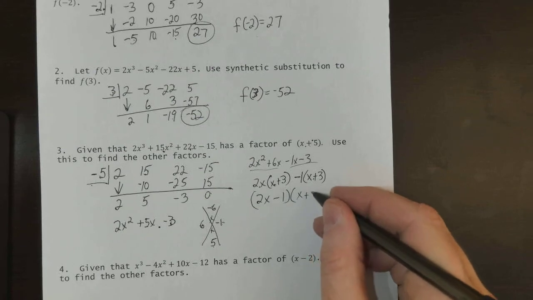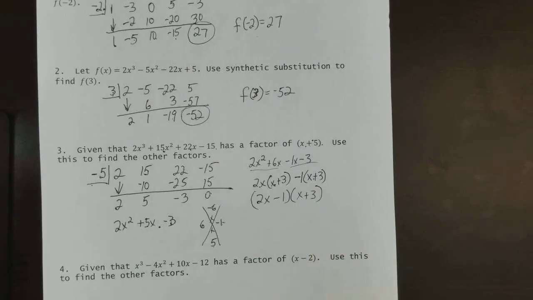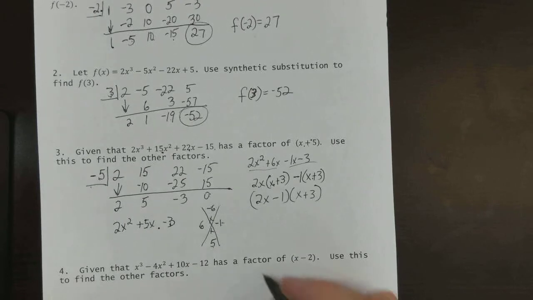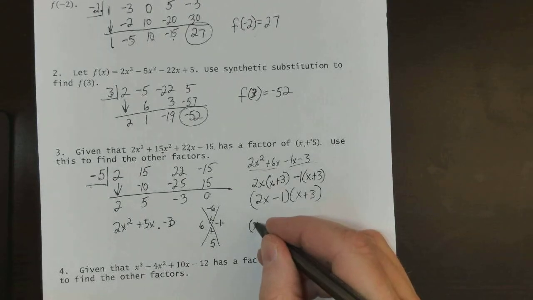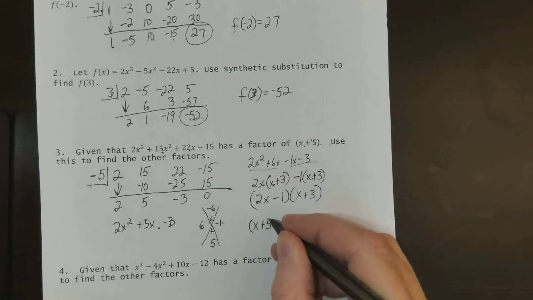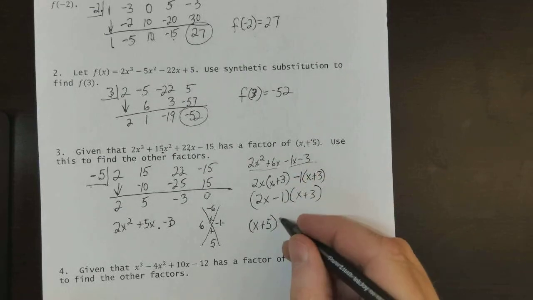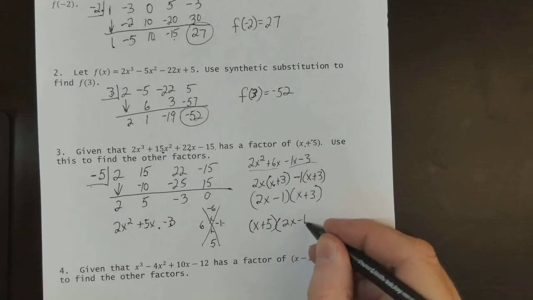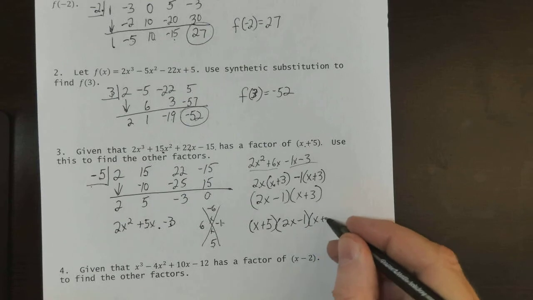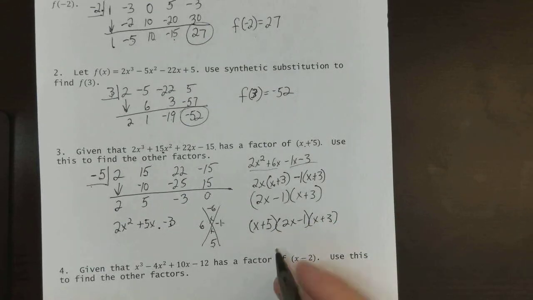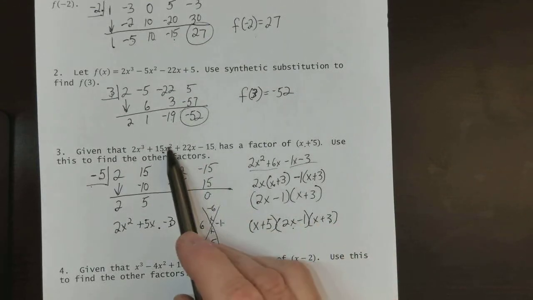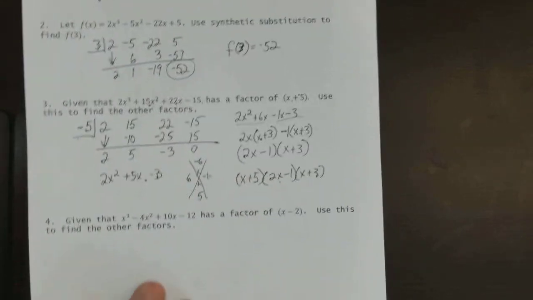And x plus 3 is another factor. So our factors in linear terms are x plus 5, that was the one we were given, and we found 2x minus 1, and we found x plus 3. If we multiply these three binomials together, we will get that answer.